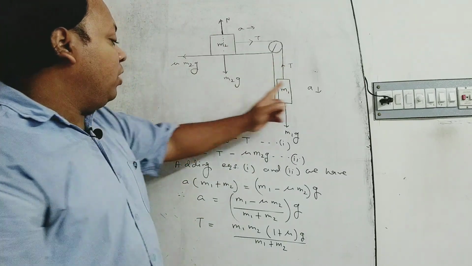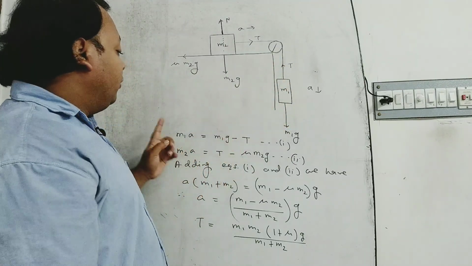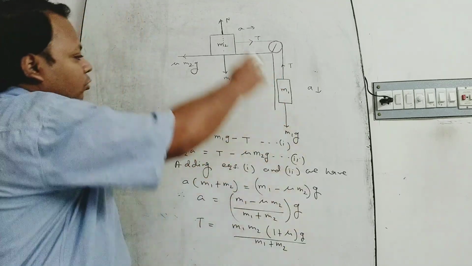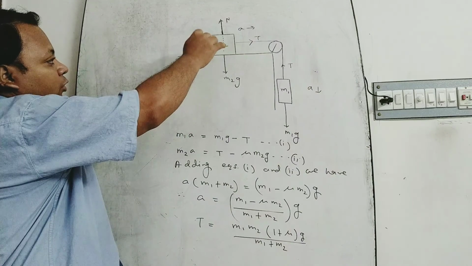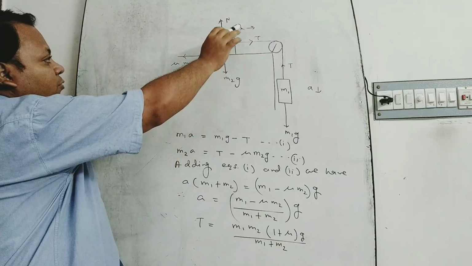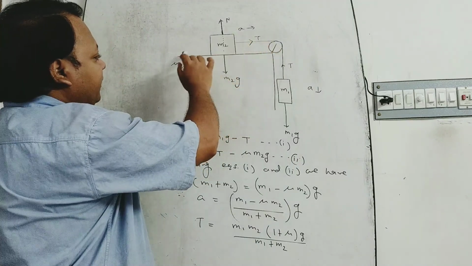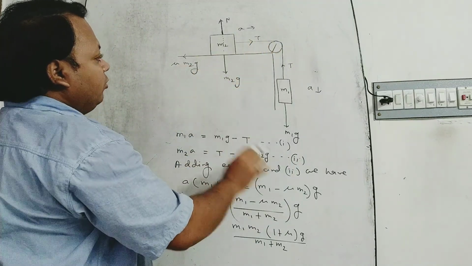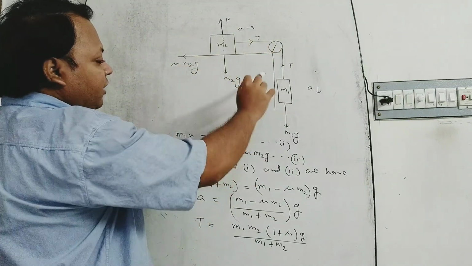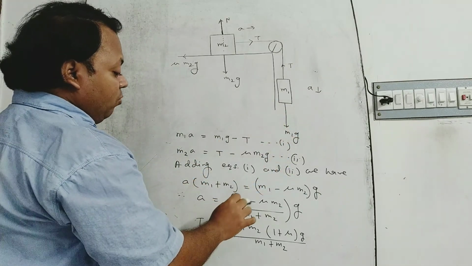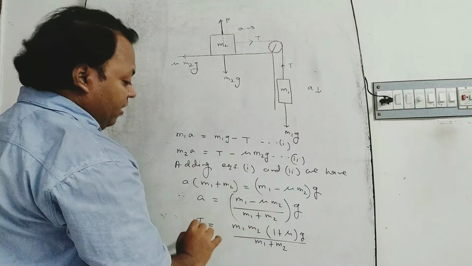That's why m1a is equal to m1g minus T. And the equation of motion of the second body is m2a is equal to T, that is tension, minus friction mu m2g.